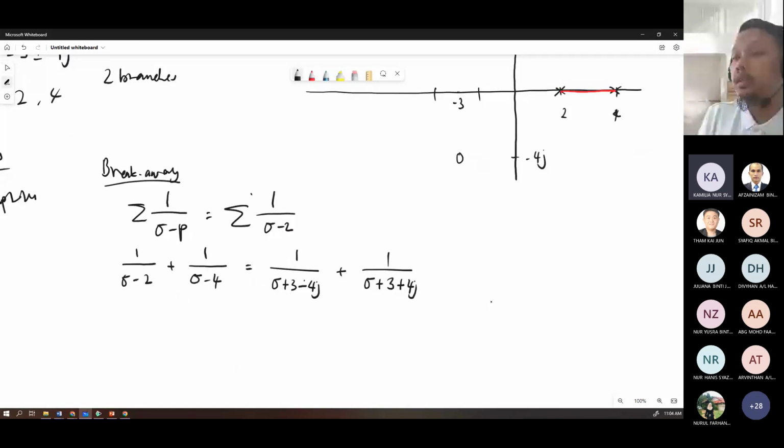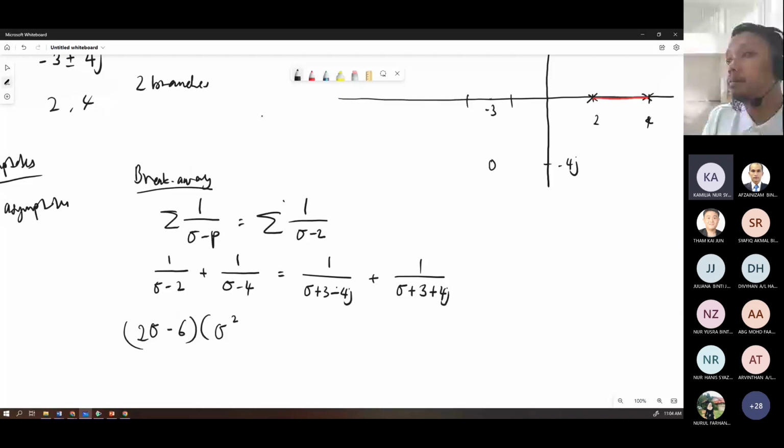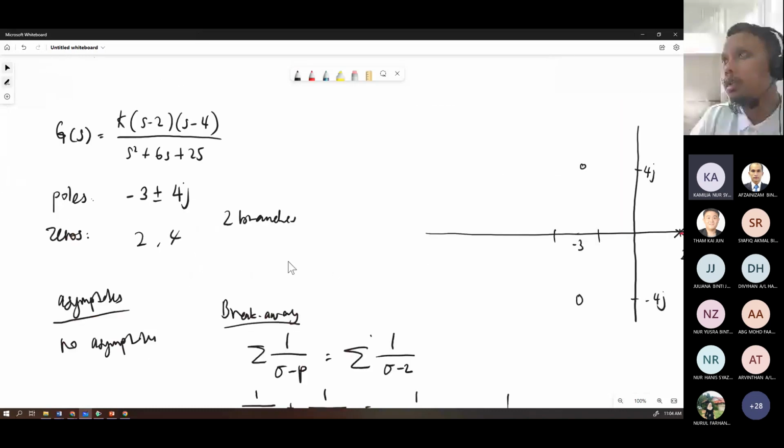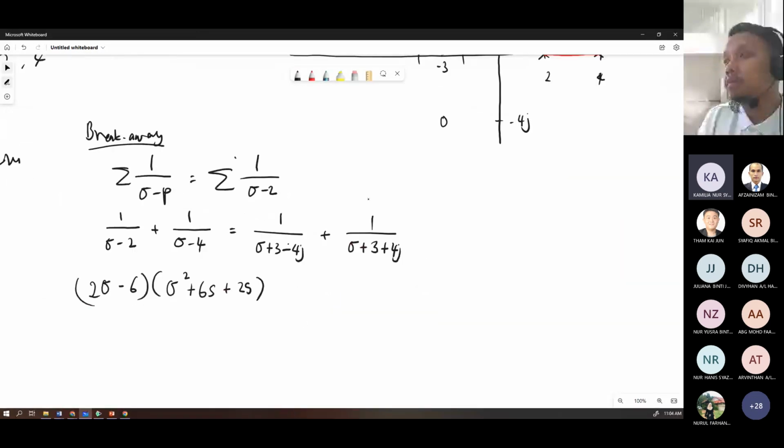So you get 2 sigma minus 6 times sigma squared plus 6 sigma plus 25 equals 2 sigma plus 6 times sigma plus 8. Okay, and then you can use symbol app.